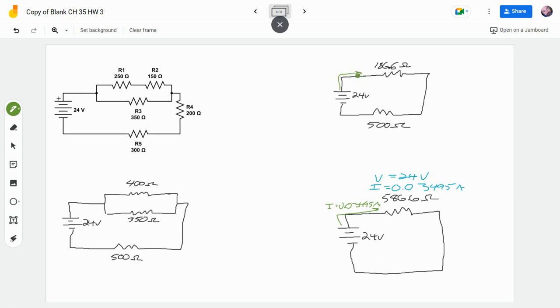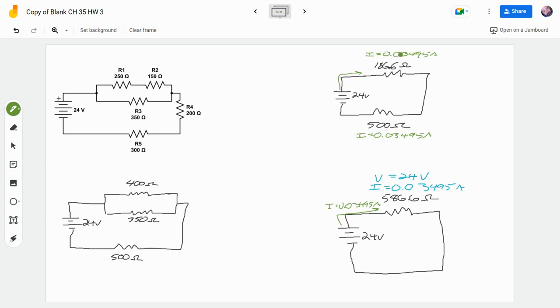That current is going to go through both of these resistors. So in both cases, I know what the I is: I up here is 0.03495 amps, and I down here is also 0.03495 amps.